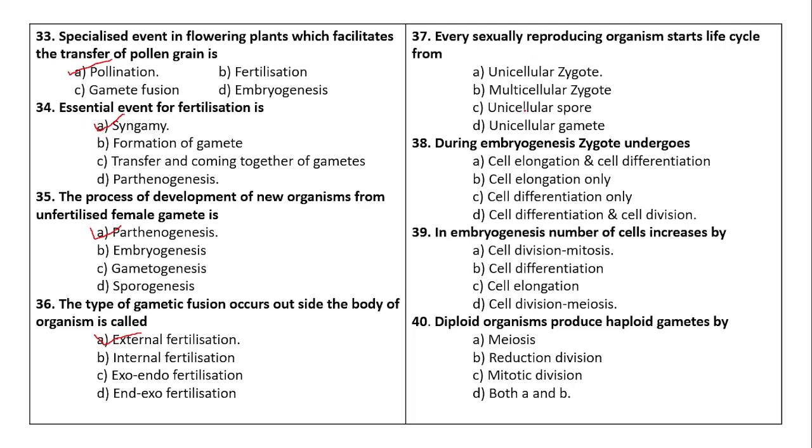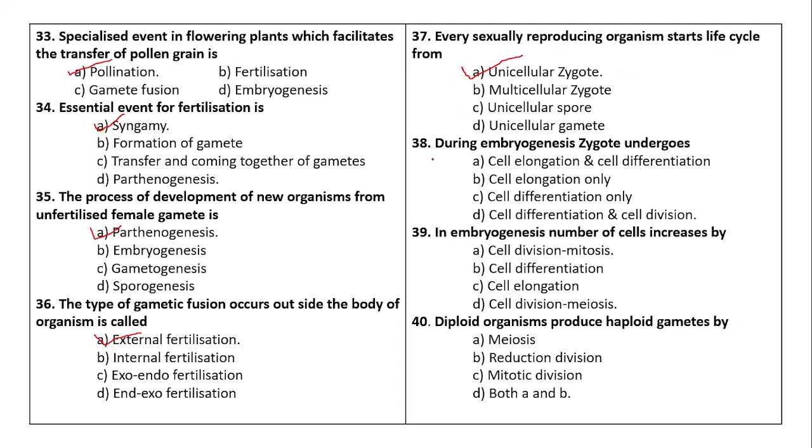So since you know that it is from zygote, options C and D will be deleted directly, and for options A and B, whether the zygote is unicellular or multicellular. You already know that soon after fertilization, that means union of male and female gamete, zygote will be formed. So zygote will always be what? Unicellular in nature. So the option is unicellular zygote.